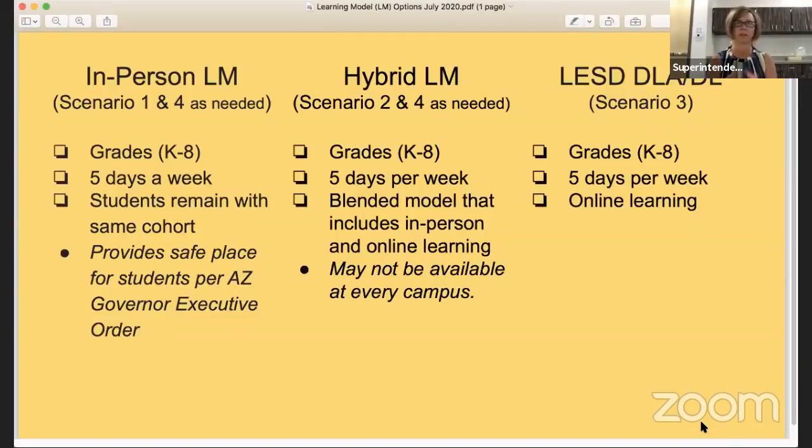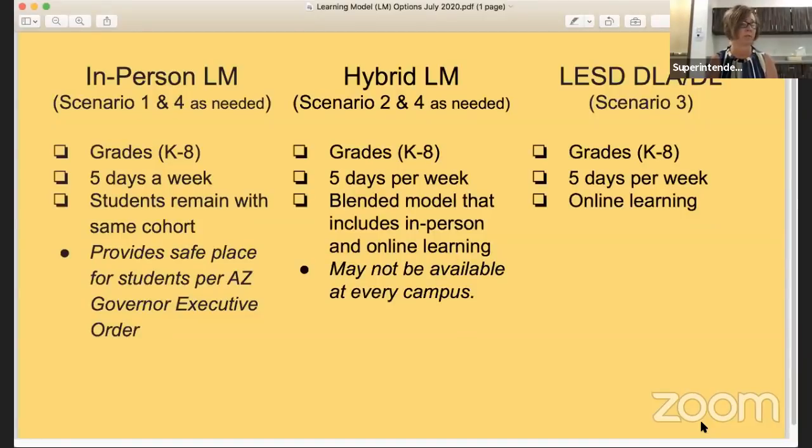I think that was confusing for some folks too, but right now we are all starting in a distance learning model, which is scenario 3 if you're looking back at your roadmap from ADE, as right now it is not safe to return to our buildings.